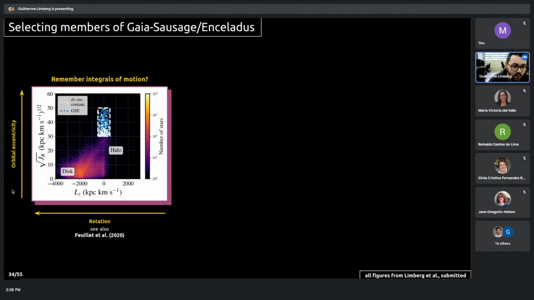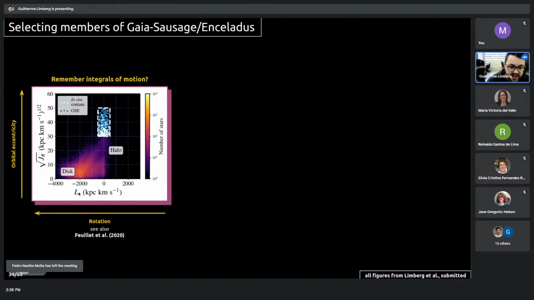And in the vertical axis, I have another dynamical quantity that's a proxy for orbital eccentricity. I'm using this combination of parameters because we saw from that video that I showed a few slides ago that the stars from this Gaia-Sausage Enceladus, this metal-rich portion of the halo, are very eccentric. So we know that we can utilize orbital eccentricity to segregate stars from this population from the rest of the stars of the Milky Way.